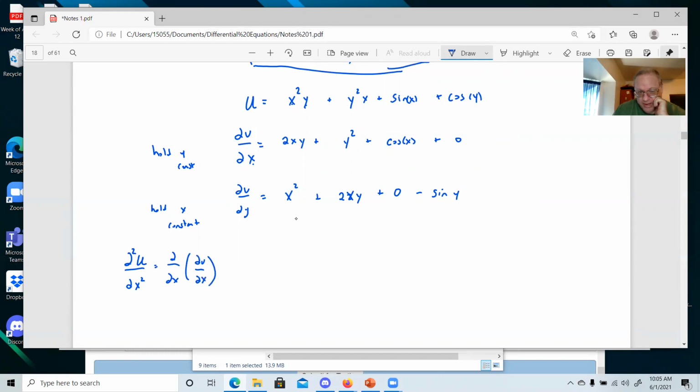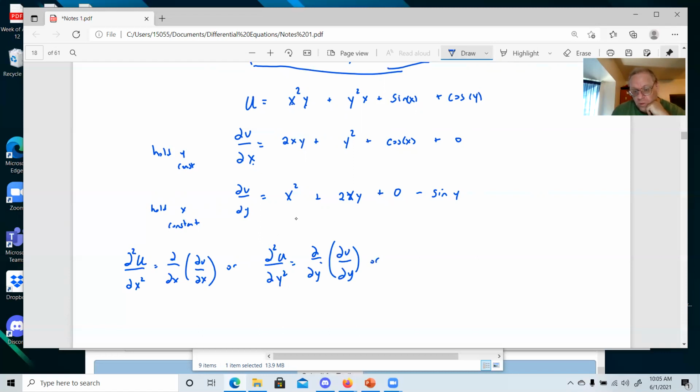That's another partial with respect to x. Or we could take d squared u dy squared, which would be d dy du dy.